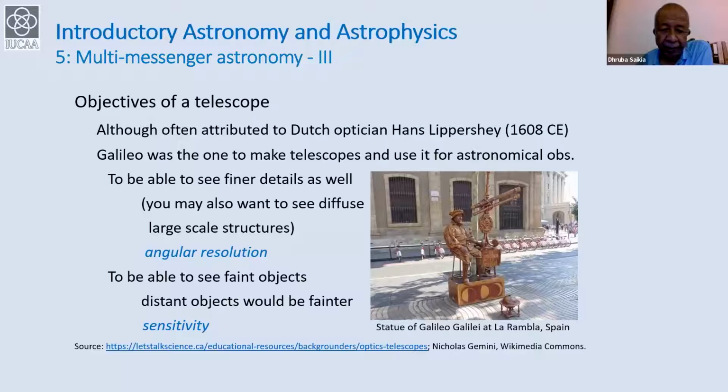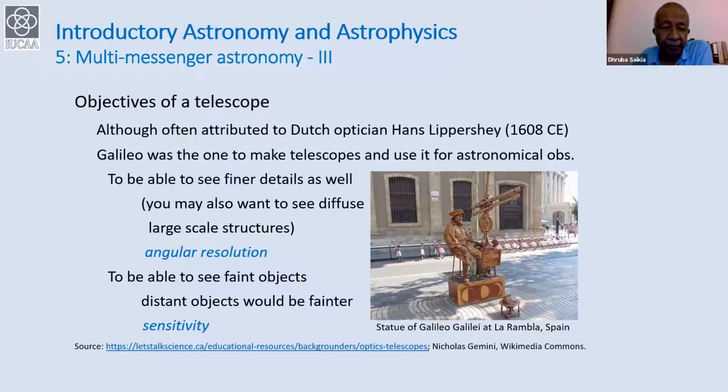While mentioning angular resolution, it is true that when you look at a galaxy, you want to look at individual stars, but there are also situations where you want to look at diffuse extended emission. And if you had very high angular resolution, you may miss that. There's a lot of interesting physics to be learned from diffuse extended structures as well.